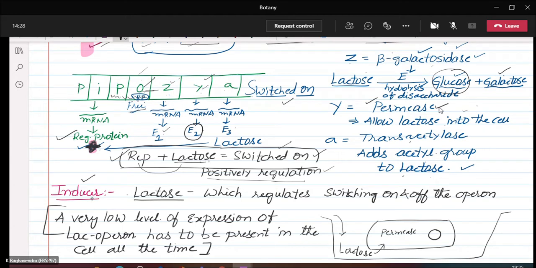That's why we call the inducer lactose. So don't mistake, I means inducer. I is derived from inhibitor term. Always inside the cell, there is a very low level of expression of lac operon. Otherwise, lactose will not enter the cell. This is the positive regulation and negative regulation.